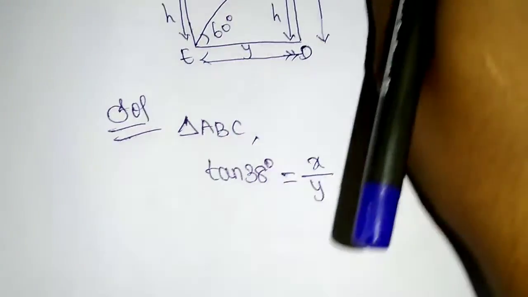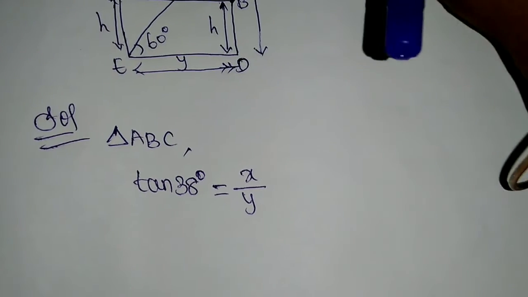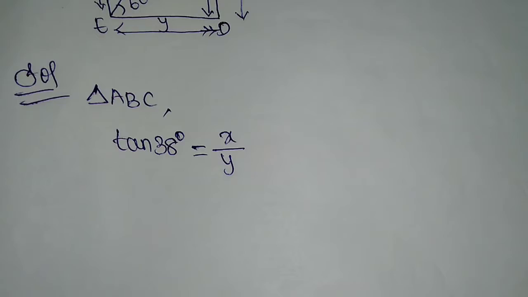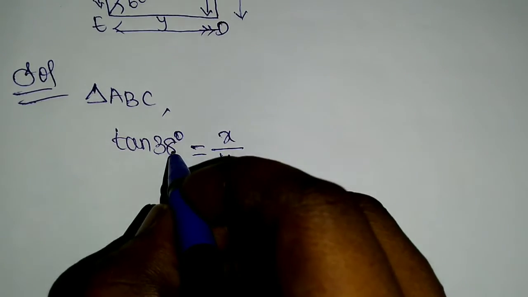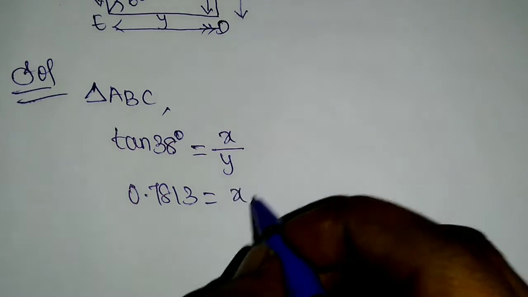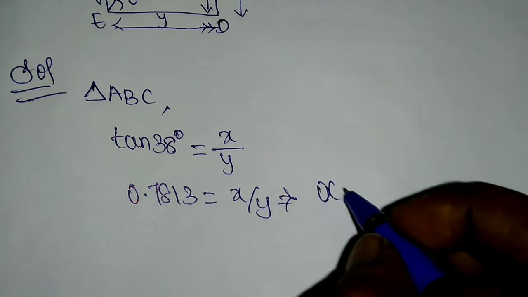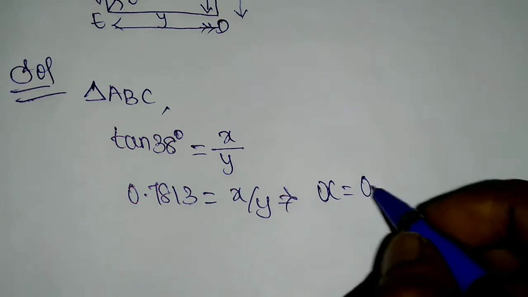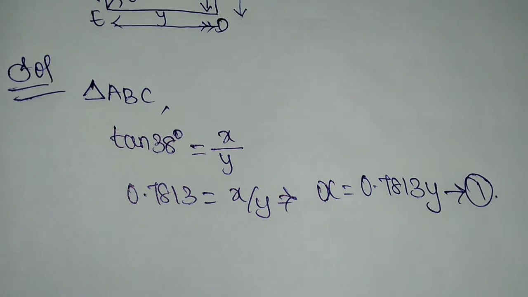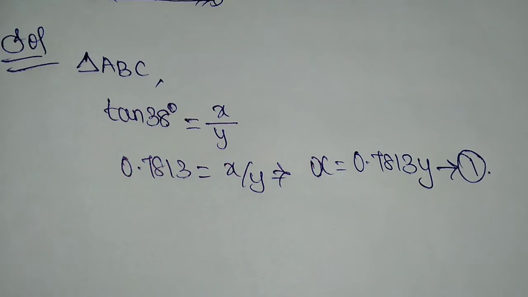So here tan 38° is 0.7813, equal to x by y. It gives x is equal to 0.7813 y. It's equation number 1. Now we are going to take the triangle AED.